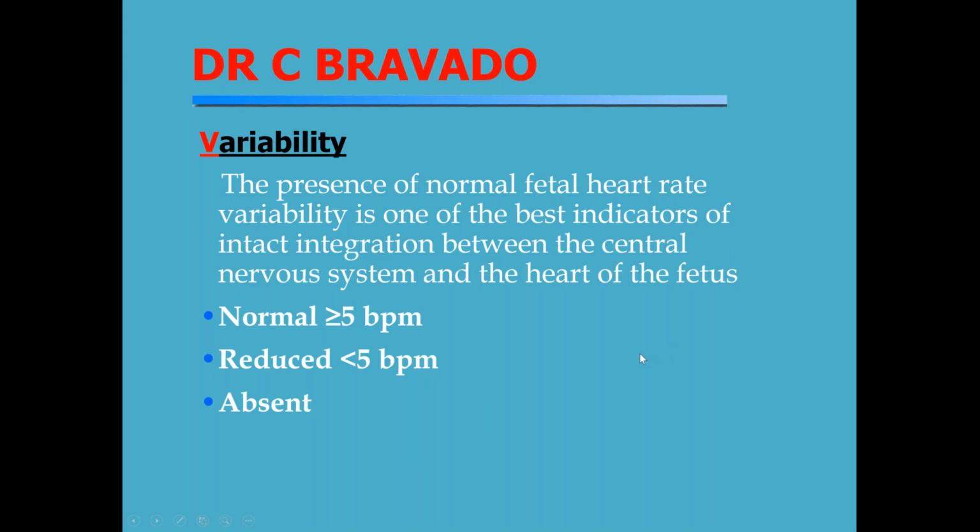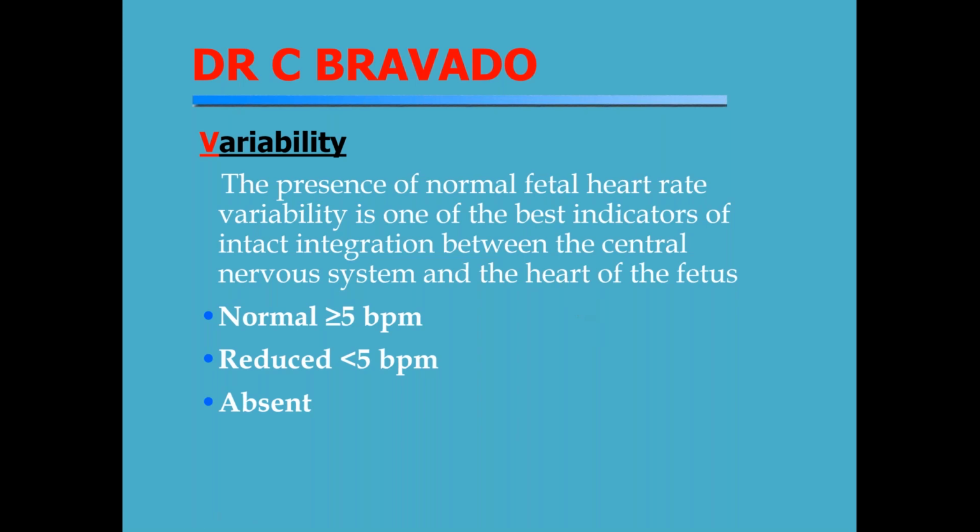After a period of time, there is development of the sympathetic nervous system, which is responsible for control of the fetal heart rate, and it increases the fetal heart rate. After 28 weeks of gestation, the control is also by the parasympathetic.